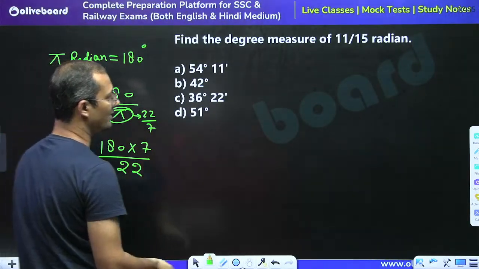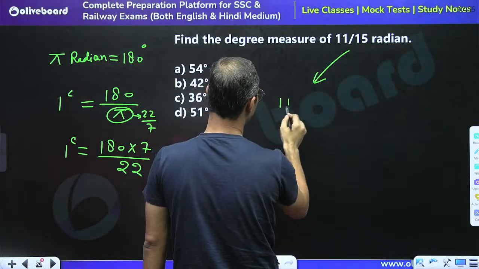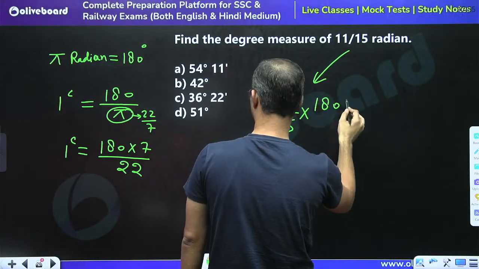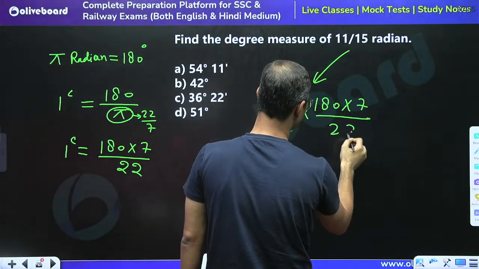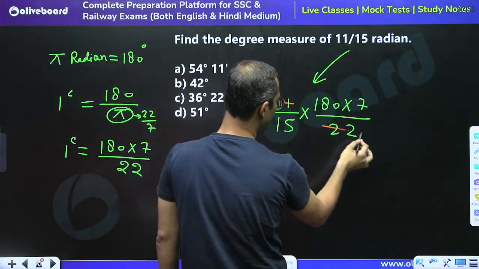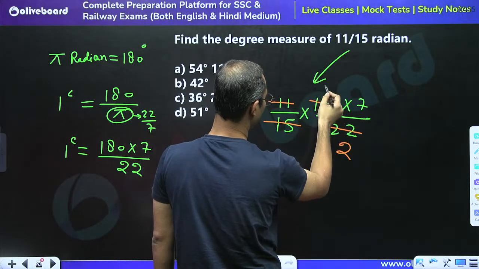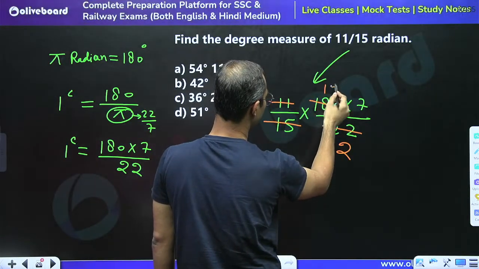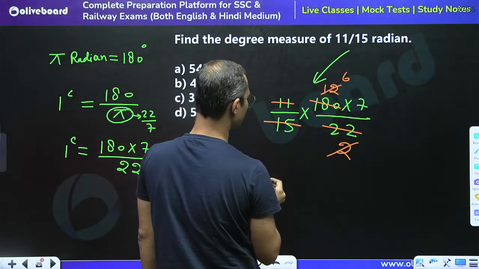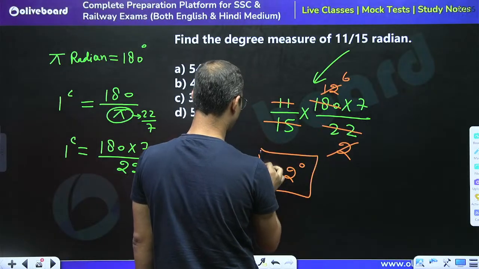We have to convert 11 by 15 radian, so just multiply by 180 into 7 by 22. By 11 this is cancelled 2 times, and by 15 this is how many times? 15 ones are 15 and 15 twos are 30, so by 2 this is 6. So 6 into 7 is 42 degree.